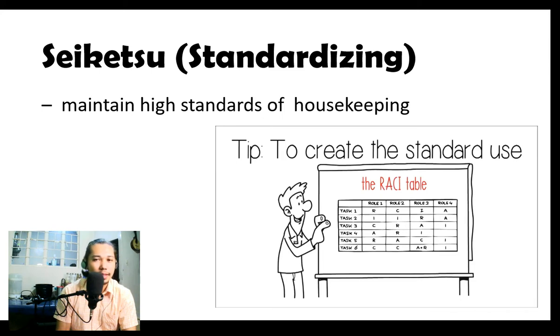Pag sinabi rin naman natin na Seiketsu, or also known as standardizing, ito yung pinakamataas na order ng housekeeping. Ano ba yung housekeeping? Paglilinis or pag-aasikaso ng bahay. So, hindi ito basta sinasabi na magwalis ka diyan, not just walis. Pag sinabi natin standard, kailangan mag-map ka, kailangan mag-table ka.